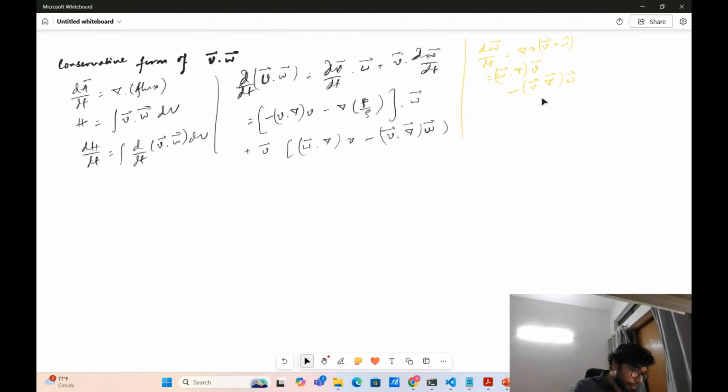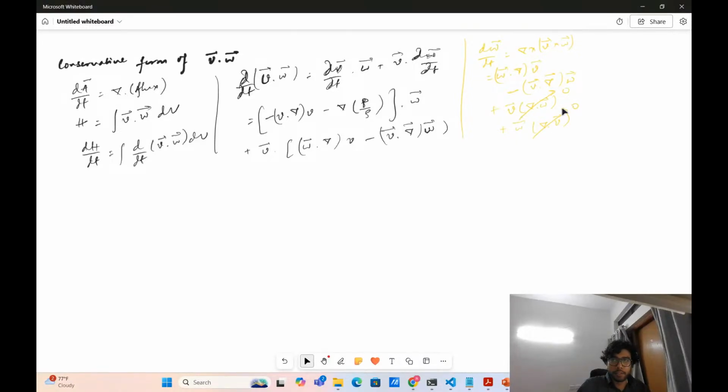Actually, there are a few more terms, which include V times del dot omega plus omega times del dot V. But these two terms will become zero, because the flow is incompressible, and del dot omega will become zero because omega is the curl of V, and divergence of a curl is zero.